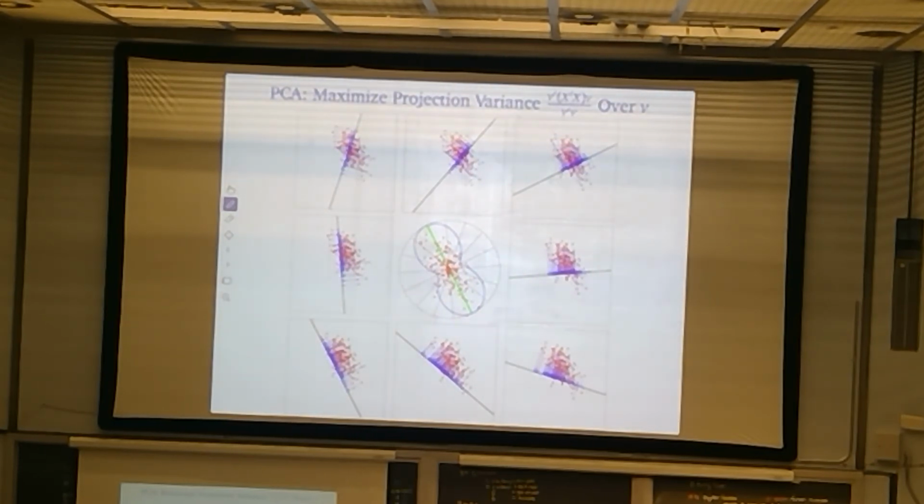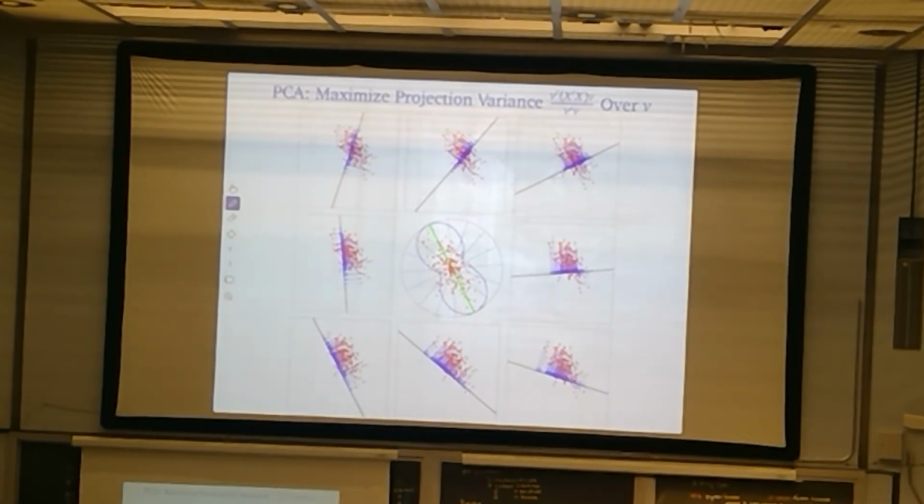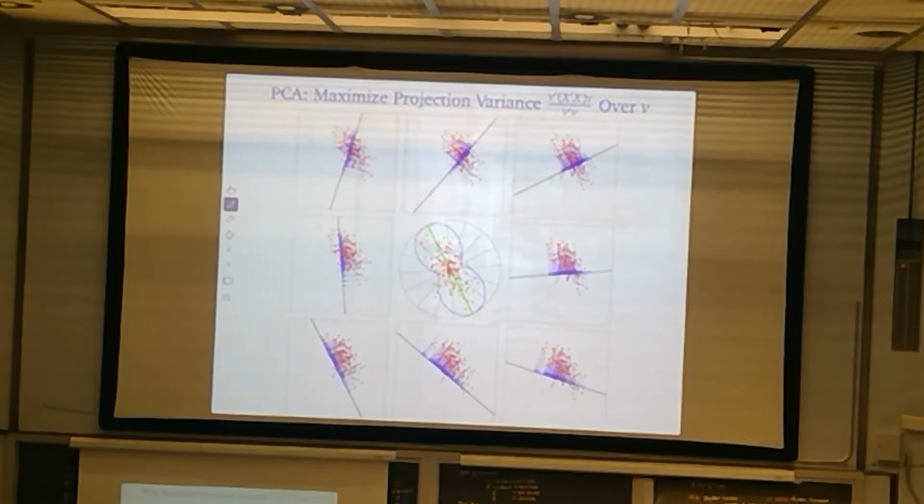Principal component analysis is to maximize projection variance over any chosen axis of projection. What's illustrated here is in the center, I have these red points, okay? These are already zero mean.